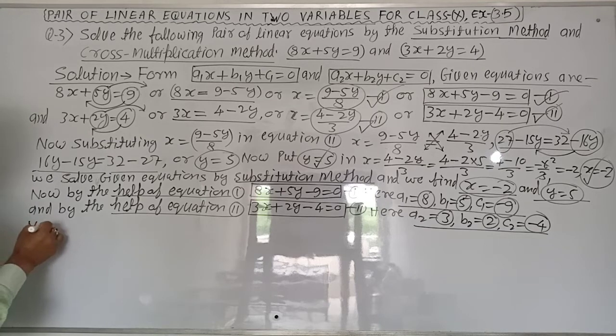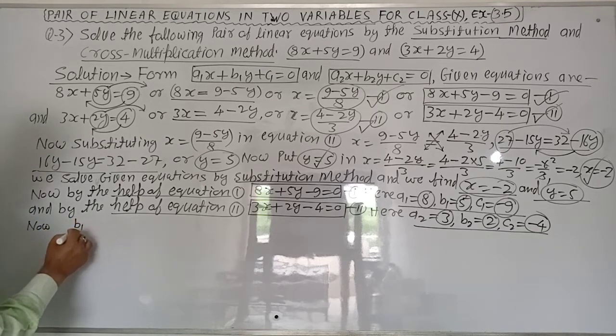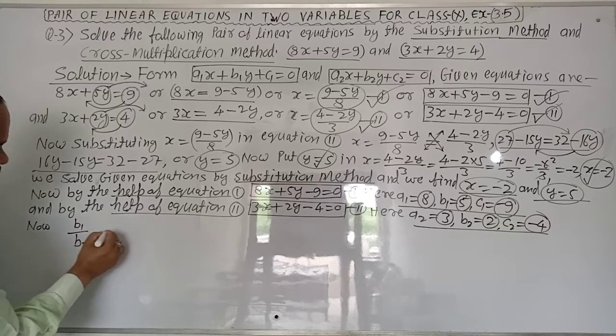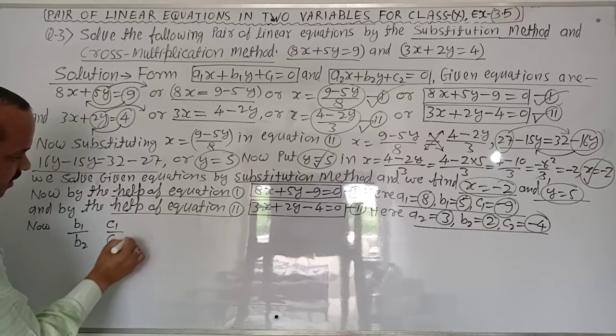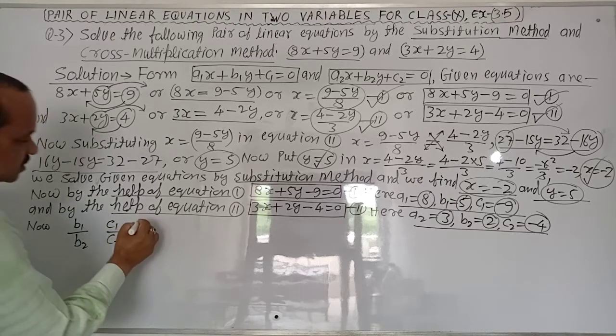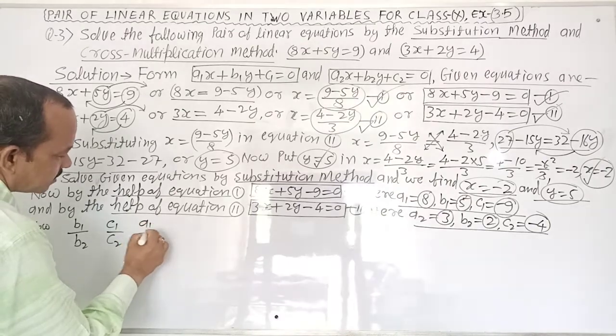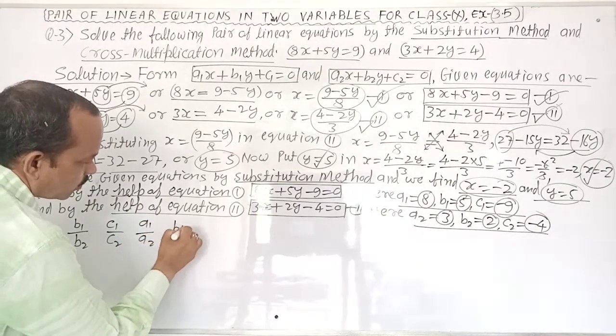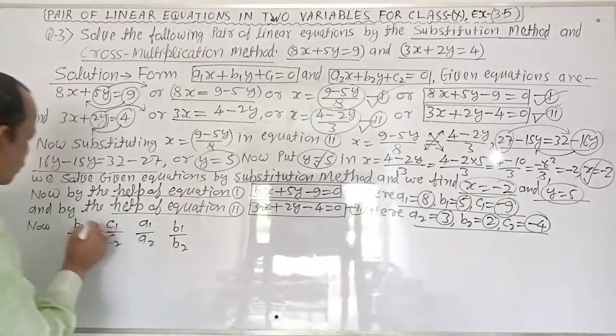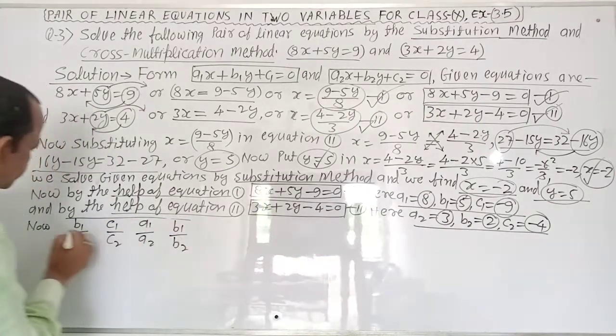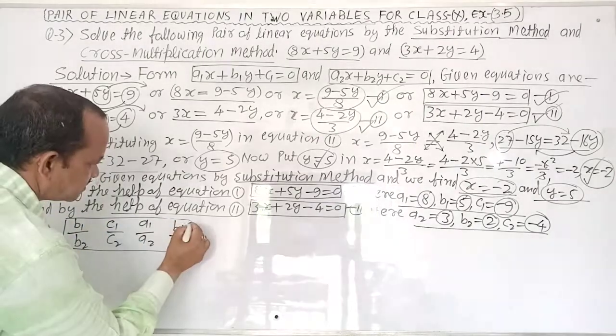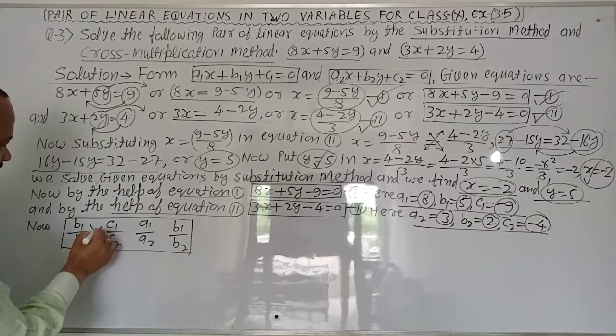Now B1 B2, C1 C2, A1 A2, B1 B2, cross multiply.